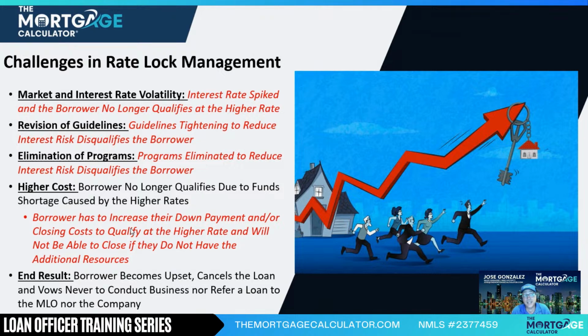Or maybe it's not even available anymore as an interest rate option, which is even worse. But if it's 2.5 the cost and the borrower had the precise funds for a 0.5% loan discount and they don't qualify at a higher rate, what are you going to do? You can't go to a lower rate.